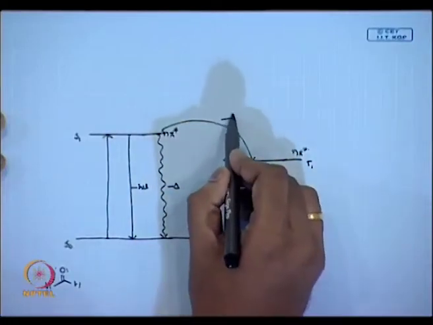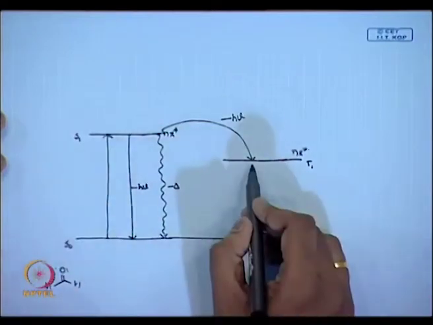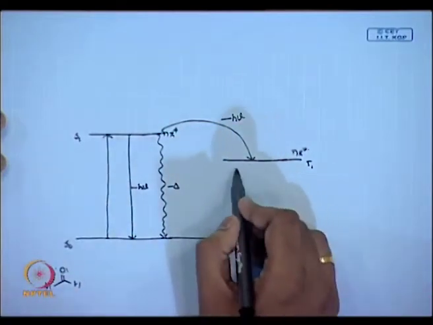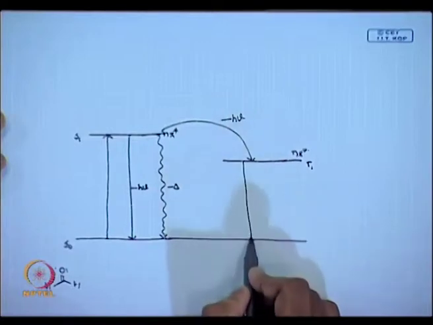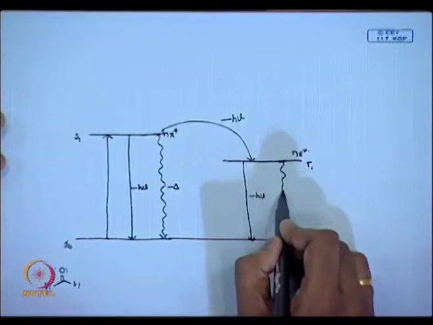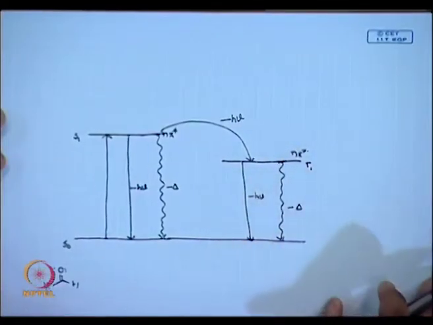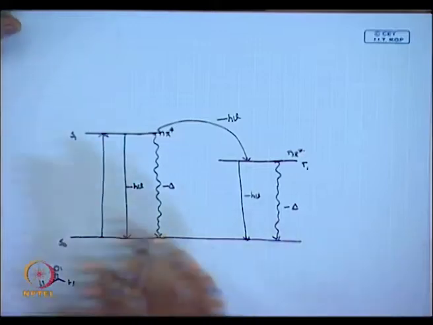That process can go by giving out light. From T1 then it can come back to S0, the same way giving the light out, or it can do a non-radiative process. So, when it goes from R to R star, it has the option of doing this.